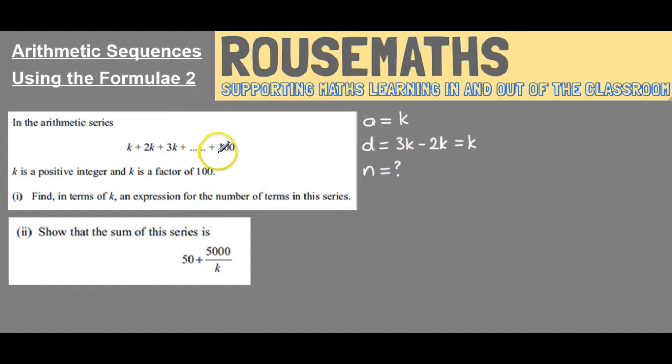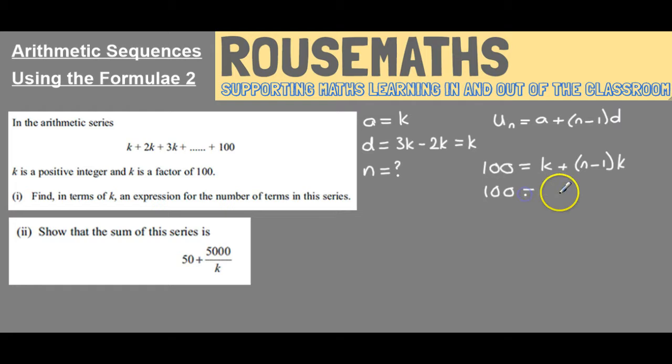But what we do know is that the last term has a value of 100. So if we use our formulae for the nth term, we know that the term value is 100, and we've got the first term and the difference.